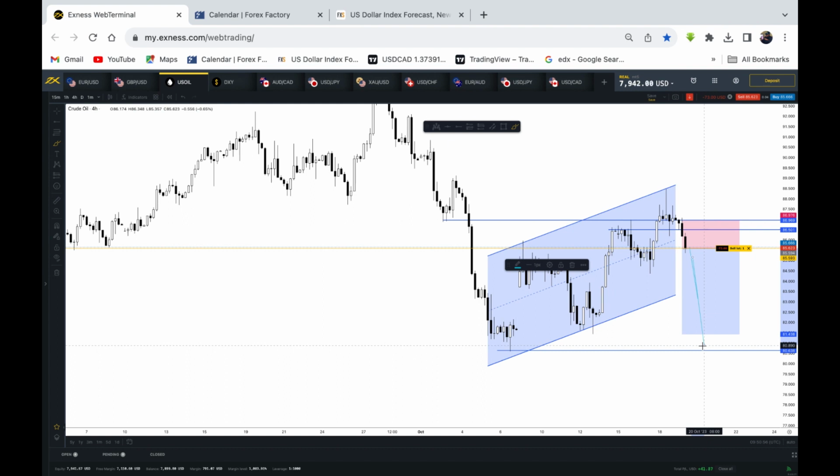I'm looking for selling opportunities, as we are having a bearish flag pattern, which is a bearish continuation pattern, indicating a continuation of the previous trend, which is this trend, which we have to see continue to the downside.